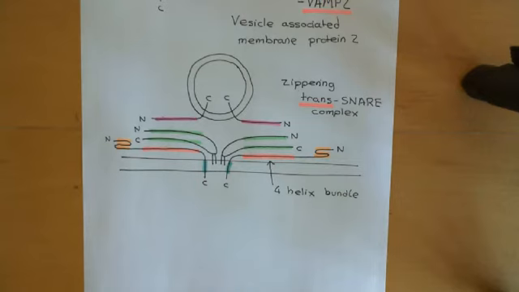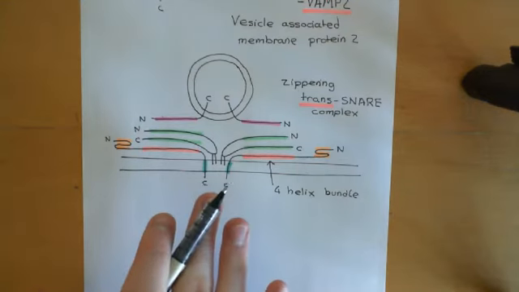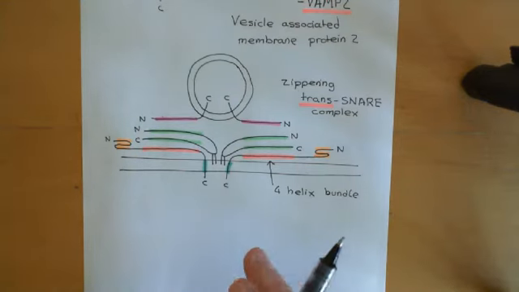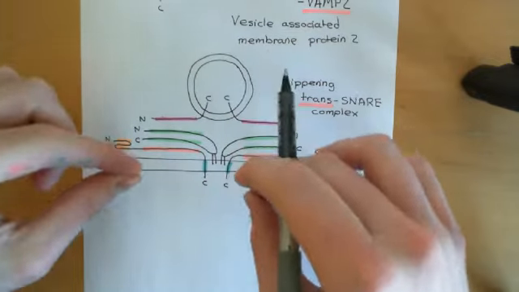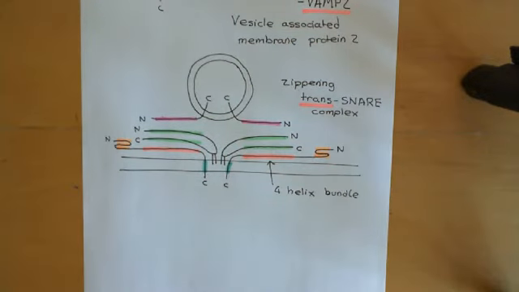Now, there's a problem here, which is that if you just let this roll, what seems to happen is that it would actually just fuse these two membranes together. Now that's not good, because that means as soon as the vesicle arrives and primes, you're just going to get fusion, and that's not going to link fusion of the vesicles to the arrival of an action potential.